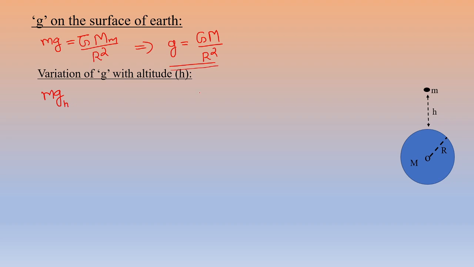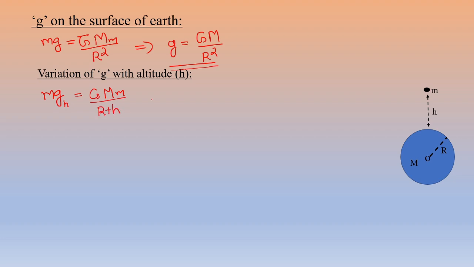So the weight is equal to m g h. That should be the same as the expression for the force of gravity between the mass and the Earth, that we can express like capital G M, this small m, divided by, instead of r we have to write r plus h.